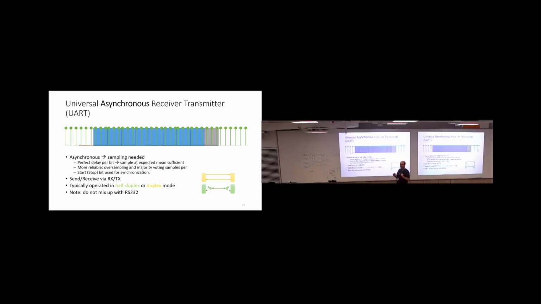Not straightforward to design, because it's an asynchronous design. The rest here comes a little bit on top. So for sending and receiving, you have two options. You can have a two-wire system. You have one transmitting data out, which is TX, one receiving data, which is RX, which can be a full duplex, meaning two wires, or it can be a half duplex.